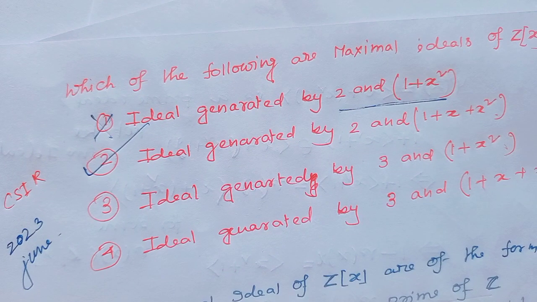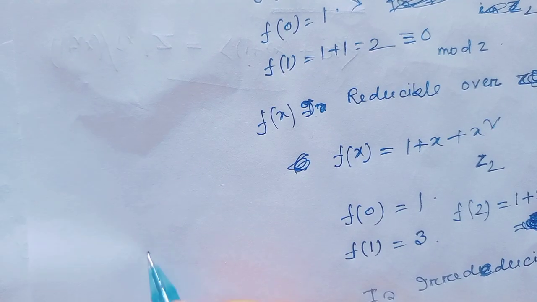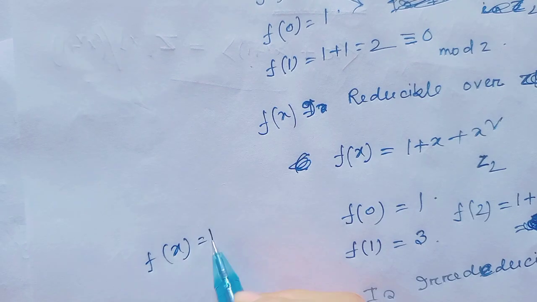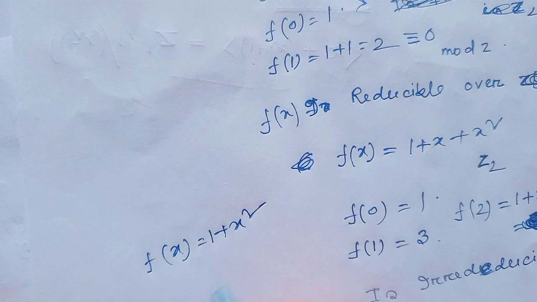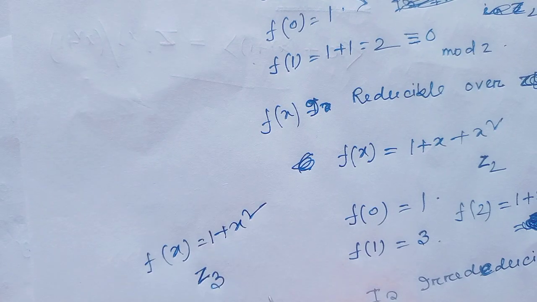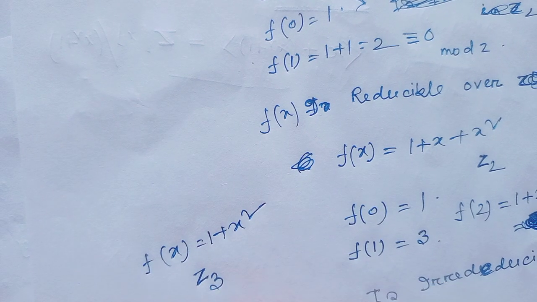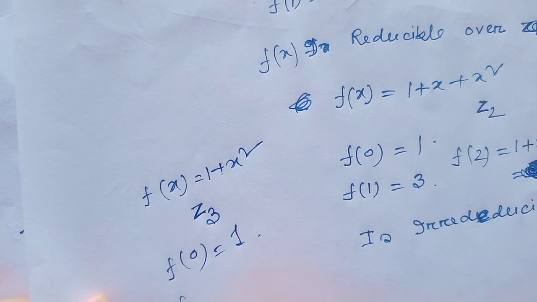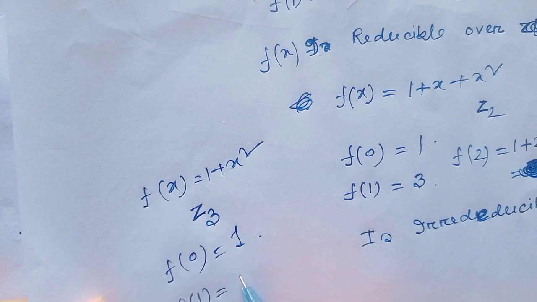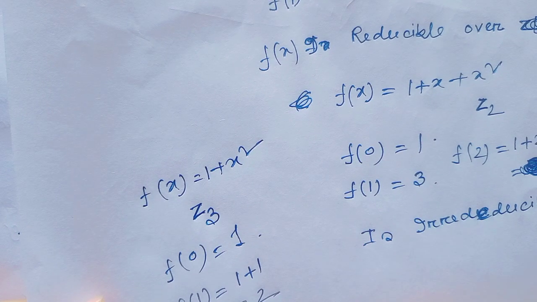Option 3, ideal generated by 3 and 1 plus x square. Here f(x) equals 1 plus x square, we have to find whether this polynomial is irreducible over Z3. Notice f(0) equals 1 and f(1) equals 1 plus 1, which is equal to 2, which is not equal to 0.